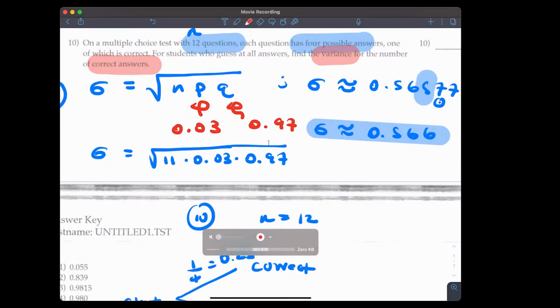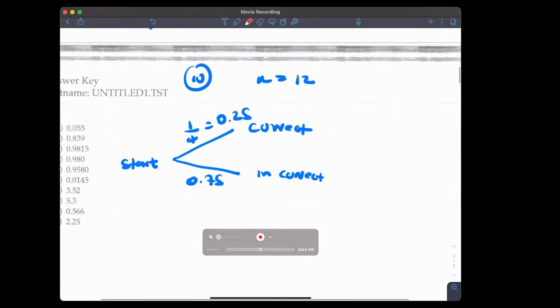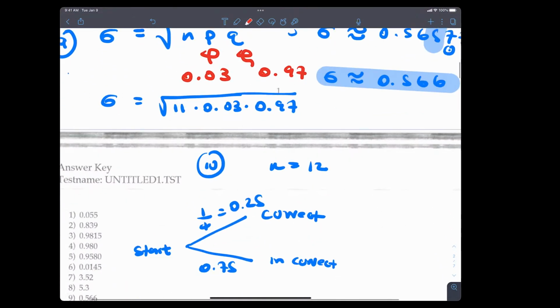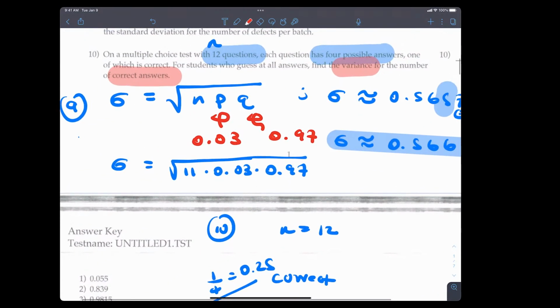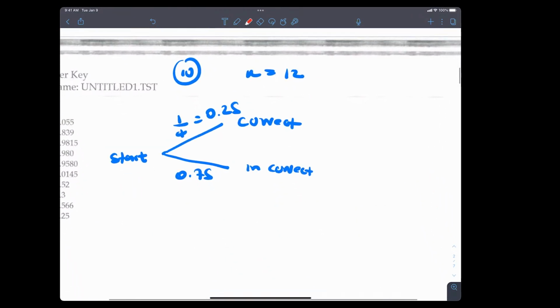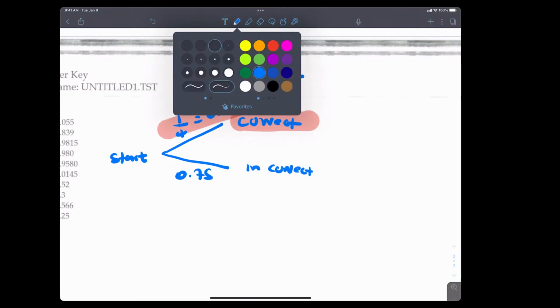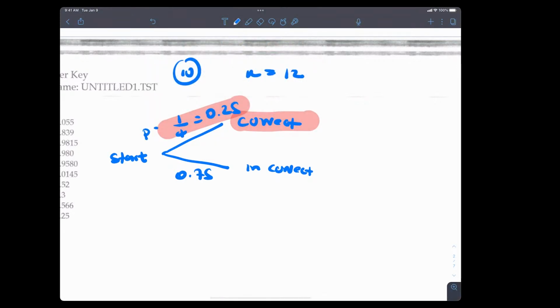Okay, let's get back our calculator. Got to get a new cord at Best Buy. Who knows what's going on? Okay. So correct. See this? Find the variance for the correct answers. That means the successes are correct. That means this is little p. And that's now variance.